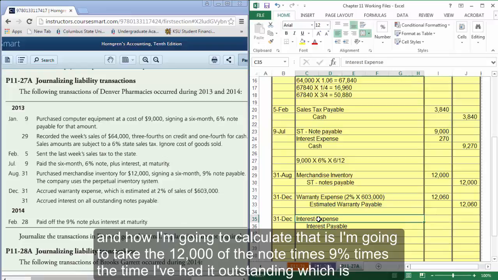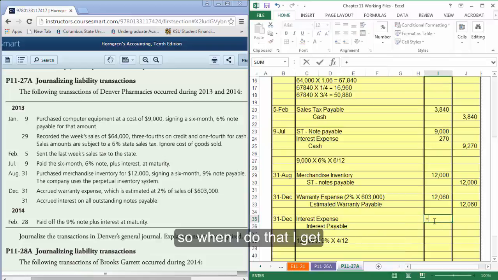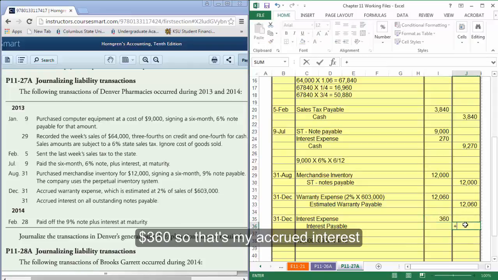Okay. And how I'm going to calculate that is I'm going to take the $12,000 of the note times 9% times the time I've had it outstanding, which is 4 months. So August, September, October, November, and December, because I didn't get it till the end of August. So when I do that, I get $360. So that's my accrued interest.